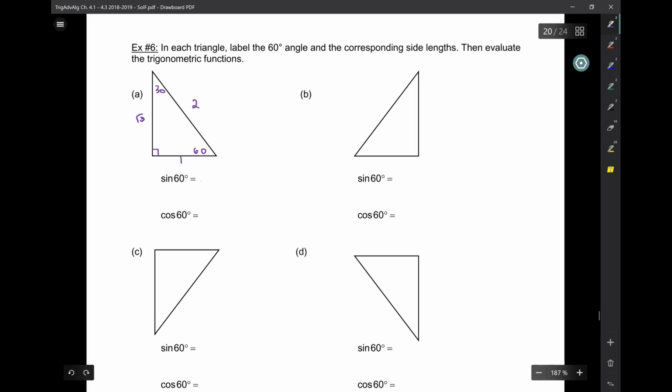So sine of 60 would be root 3 over 2. And how about the cosine? 1 over 2. Yes, they flipped. So here, if I've got 60 degrees here, root 3 faces there, 1 and 2. And so sine of 60 would be opposite over hypotenuse, and cosine of 60 would be 1/2.